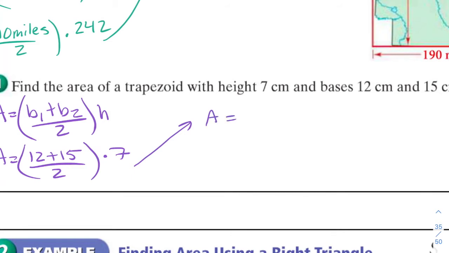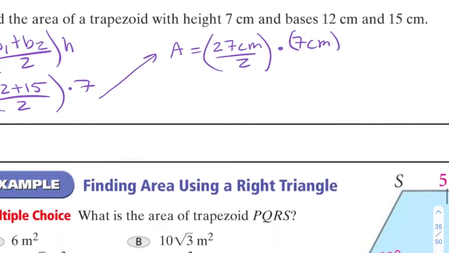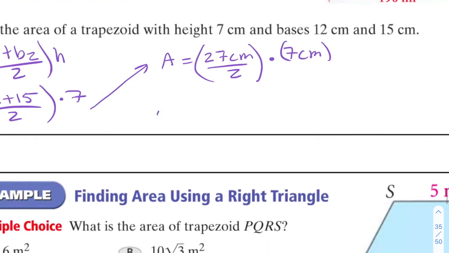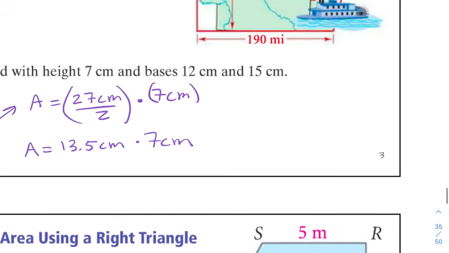So we have 27 centimeters over 2 times 7 centimeters. And that's going to be 13 and a half times 7 centimeters. And you could have done this all in one step. You didn't have to write 2.